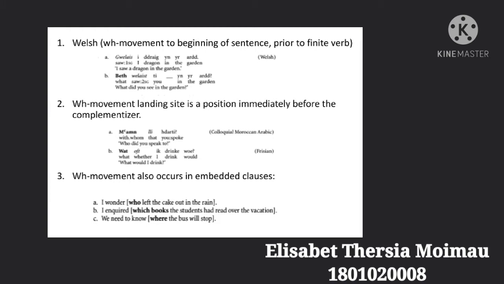The third WH movement also applies in embedded clauses too. For example, you can see in the slide, the gap in 3A is the subject of the embedded clause. The gap in 3B is the object of the embedded clause, and the gap in 3C is a prepositional phrase adjunct to the verb.